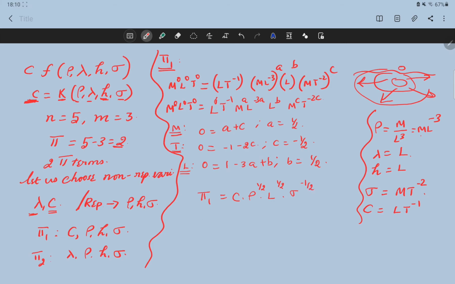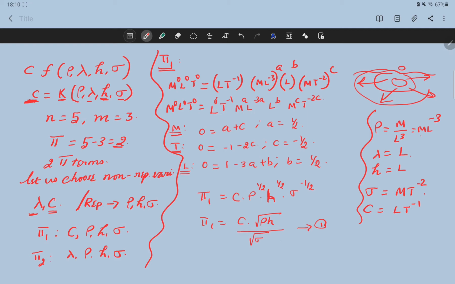So pi 1 equals c times power 1 by 2, which is nothing but the square root of rho h, and this is negative, so it would be sigma. This is the pi 1 term.